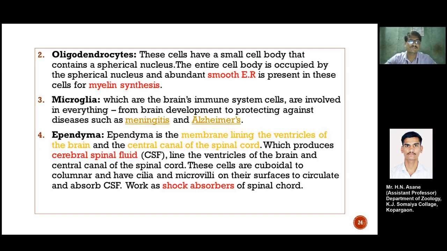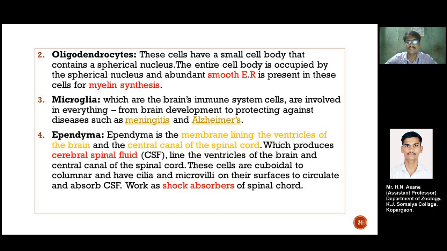These microglia also protect against deadly or very destructive diseases of the brain, like meningitis and Alzheimer's. In Alzheimer's disease, what happens?